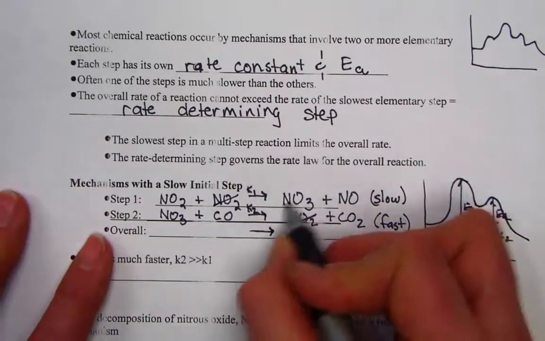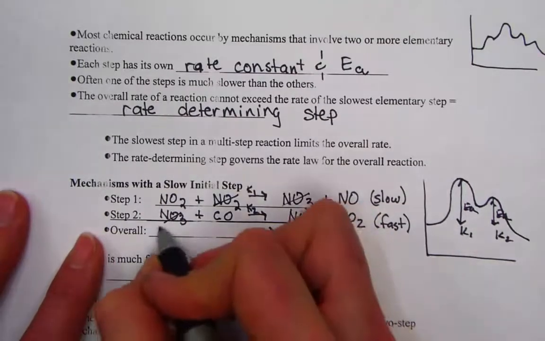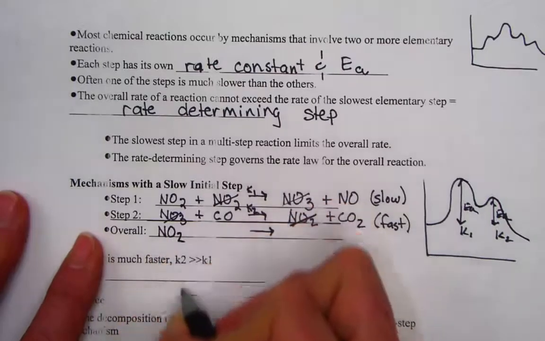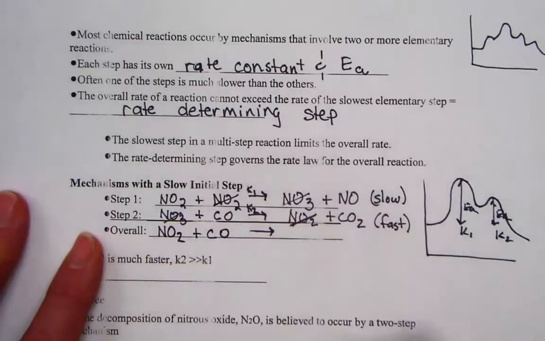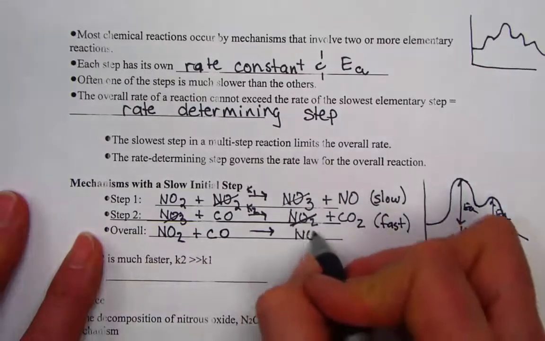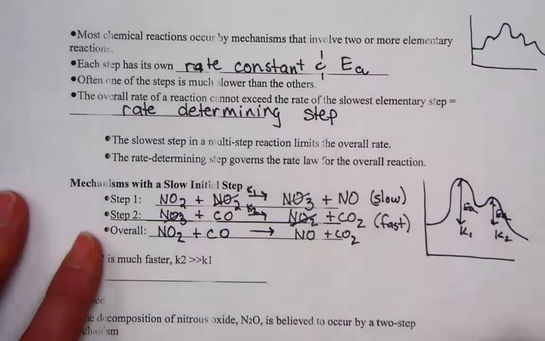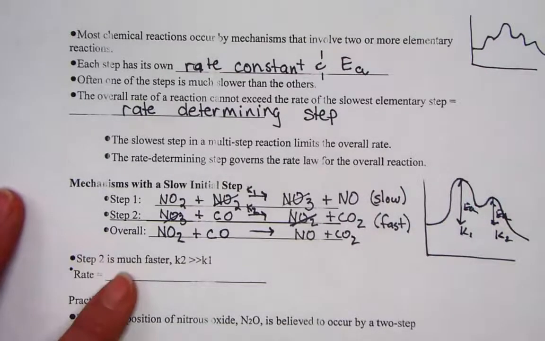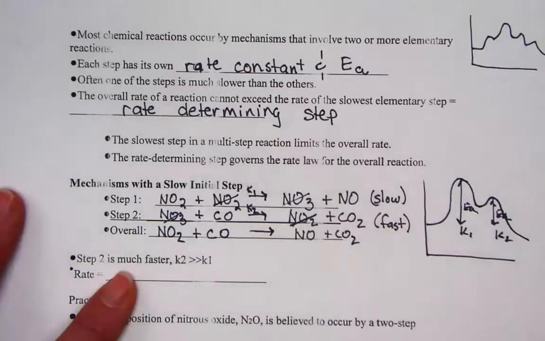NO3, NO3, and that looks like it. So it looks like an overall equation of NO2 plus CO produces NO from the first elementary reaction and carbon dioxide from the second elementary reaction. We get the observed rate law from that first initial step.